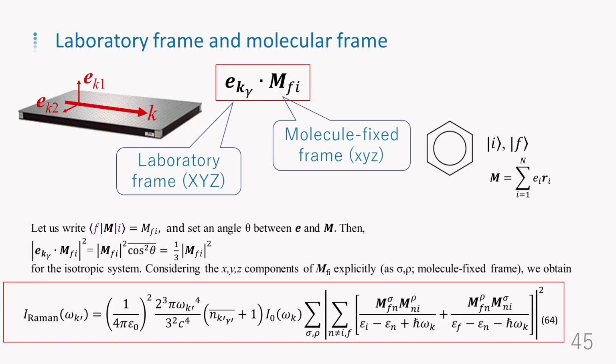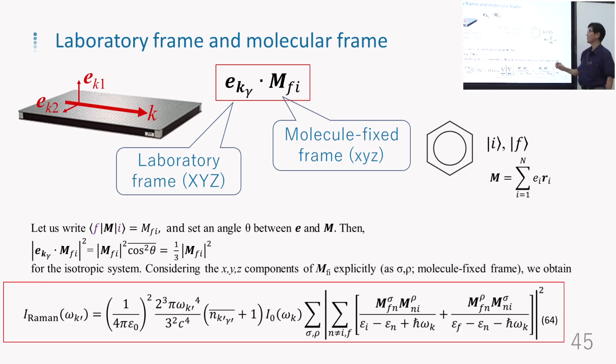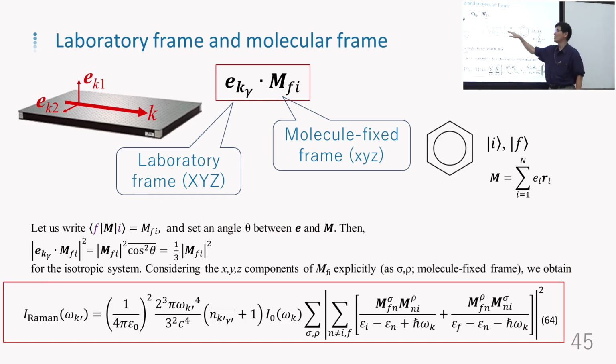Okay? There is no reason to use the laboratory frame to describe the x direction of the benzene molecule. Always we set the x and y on this figure. So these parameters are defined in the molecule fixed frame, not in the laboratory frame. So this is a small xyz.